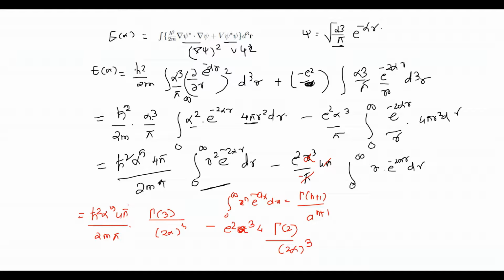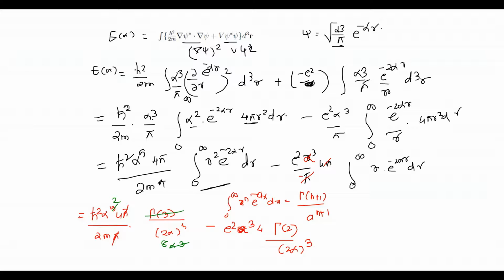3. So now it's time to simplify all the equations. This pi will get cancelled over here. Also this 2 alpha cube will become 8 alpha cube. So this alpha cube and alpha raised to 5 become alpha square.